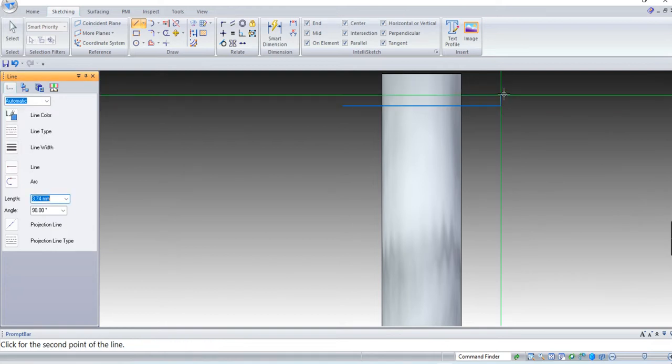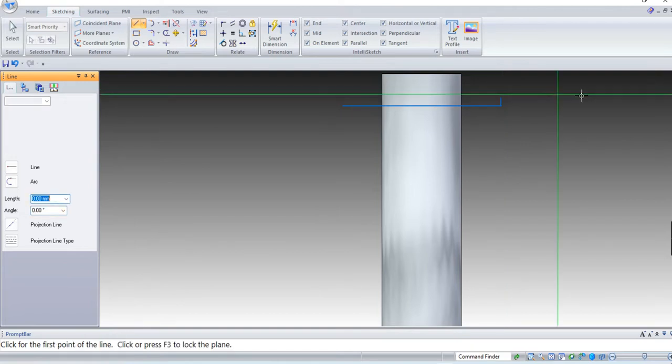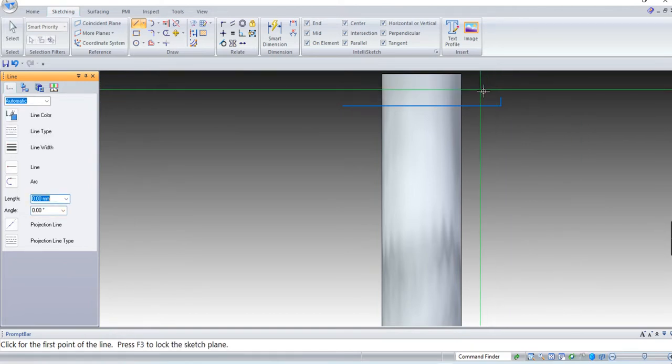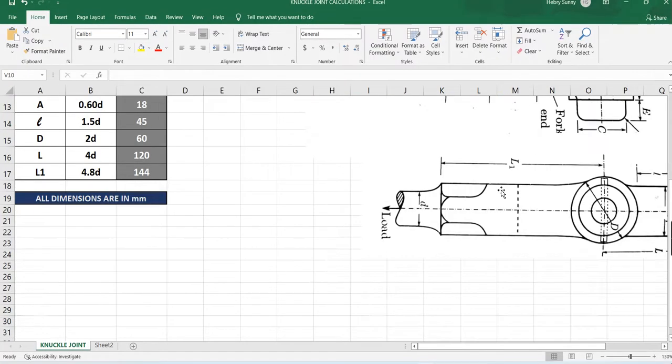From this point, draw one vertical line of 6 divided by 2, that is 3 mm. Now let us consider the taper angle is 1 is to 50.